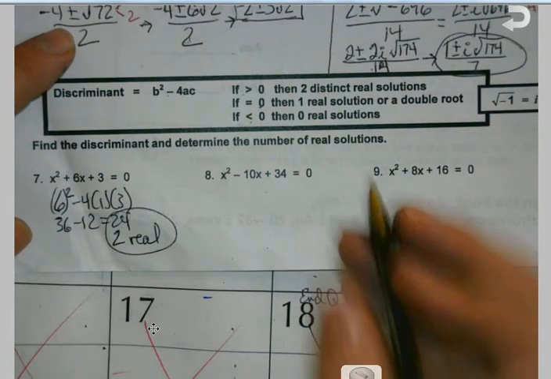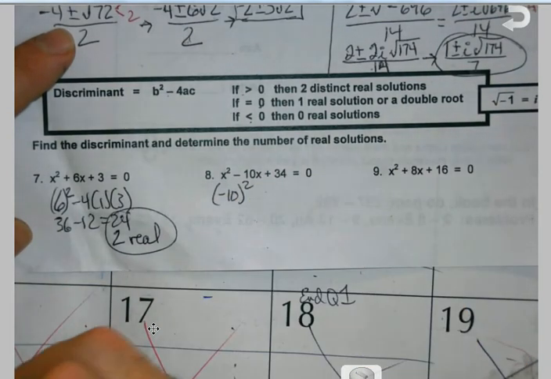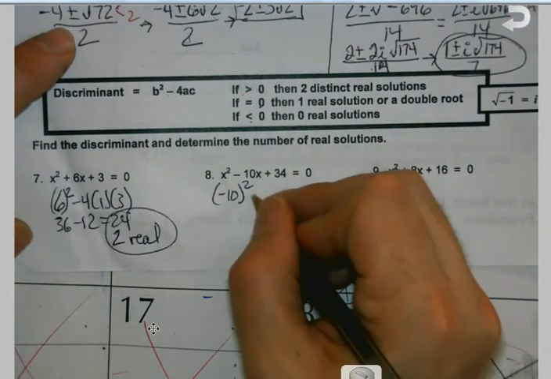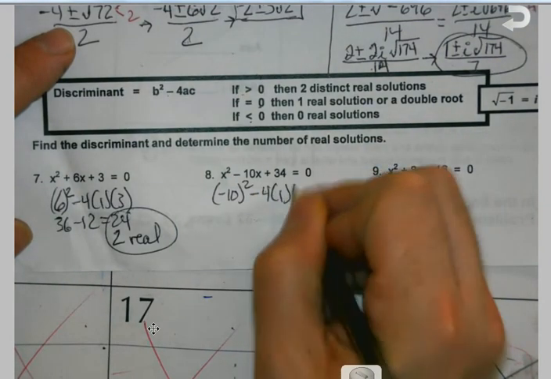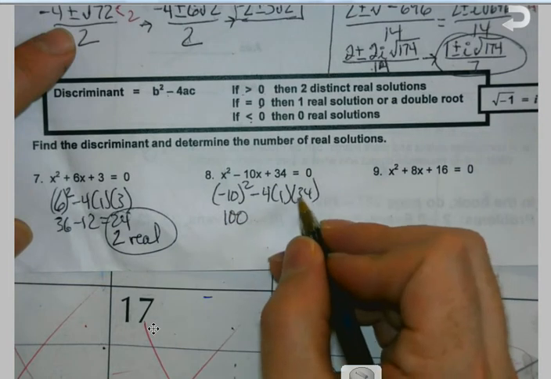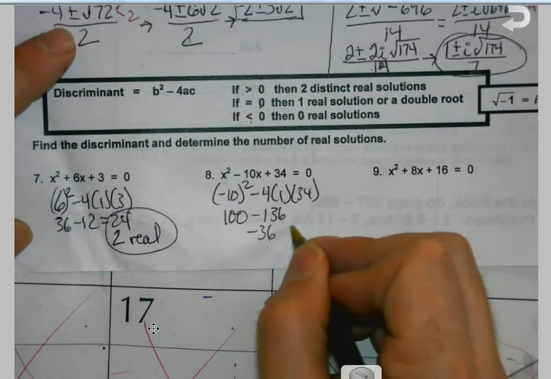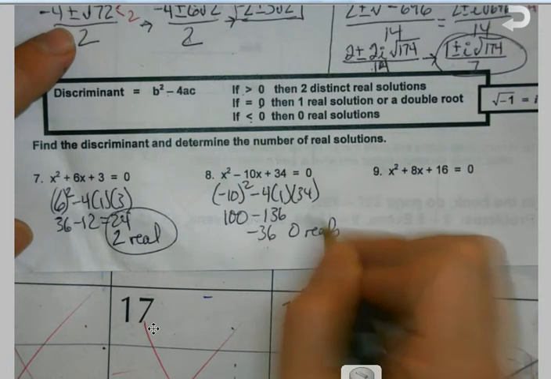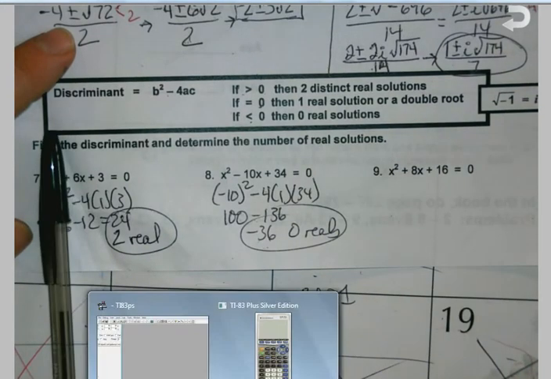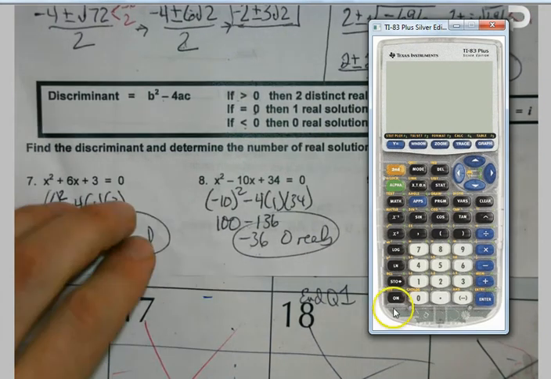So on any of these, again, on your b squared, always remember the parentheses. Minus 4ac, let's see, 100 minus 136 is negative 36. Now, just to prove a point, I keep talking about if you use the calculator. Well, I need to quit talking about if we have one available.